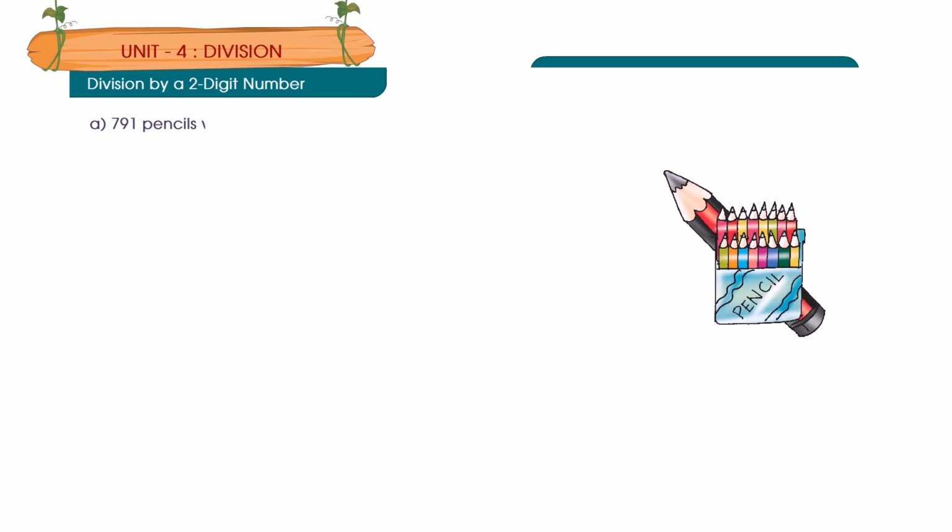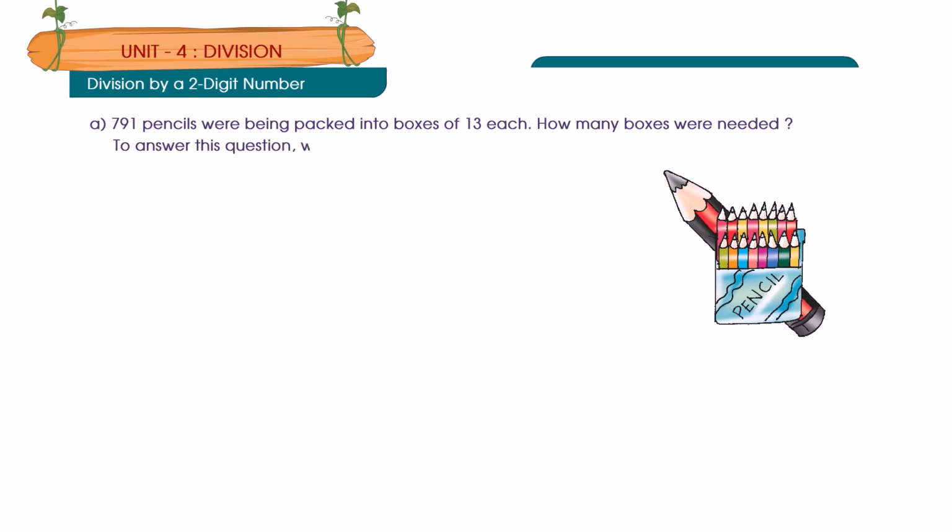Division by a 2-digit number. A. 791 pencils were being packed into boxes of 13 each. How many boxes were needed? To answer this question, we need to divide 91 by 13. 91 divided by 13 is equal to how much? Step 1.